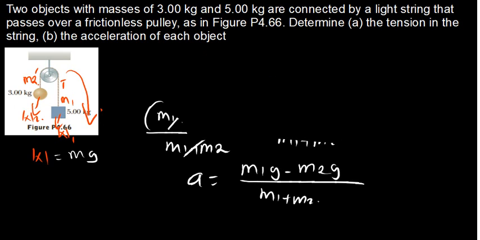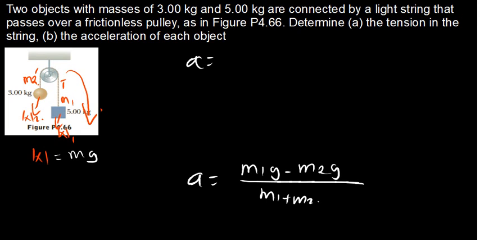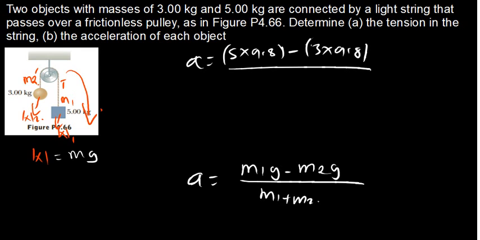So now we're going to have acceleration equal to m1, which is 5 times 9.8, then I put them in brackets, minus m2 is 3 times 9.8, I put them in brackets, everything divided by 5 plus 3.